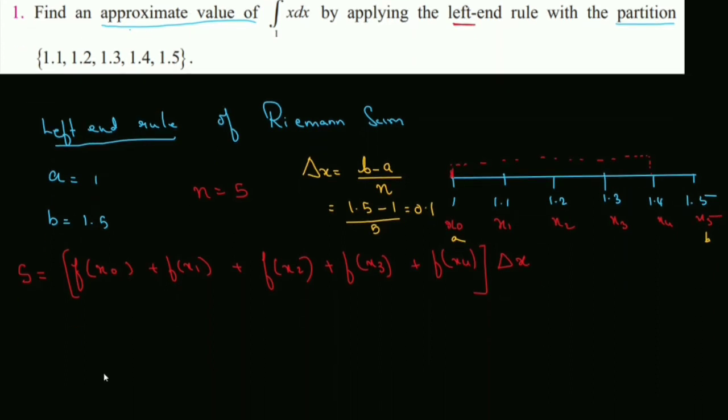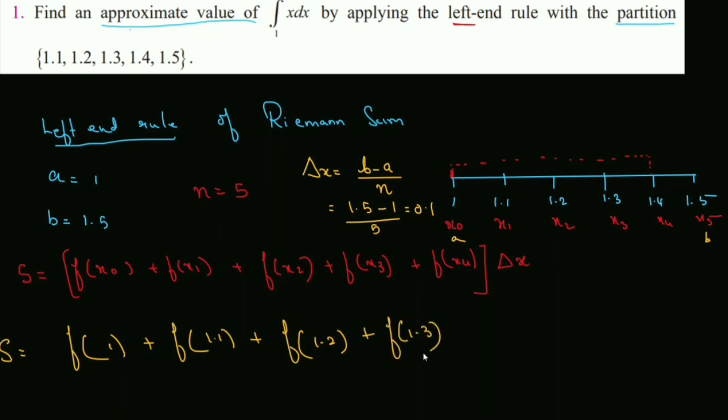Just substitute here. So S is equal to f of x naught, what is x naught? 1. Plus f of x1, what is x1? 1.1. f of x2 is 1.2, f of x3 is 1.3, and plus f of x4 is f of 1.4. Close the bracket, then delta x is 0.1.